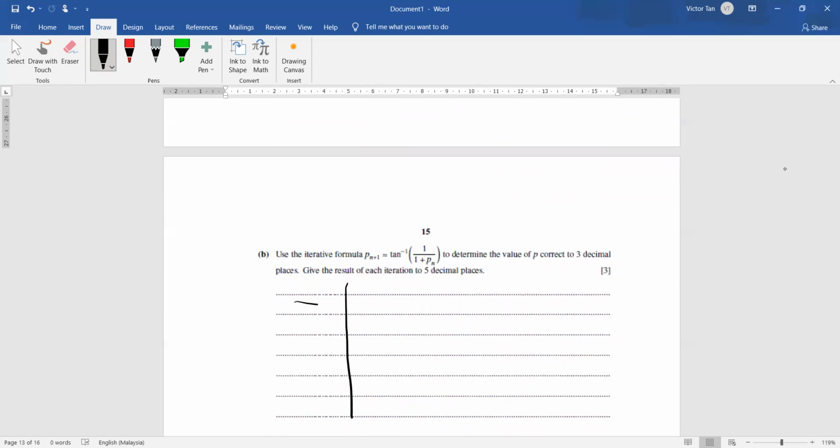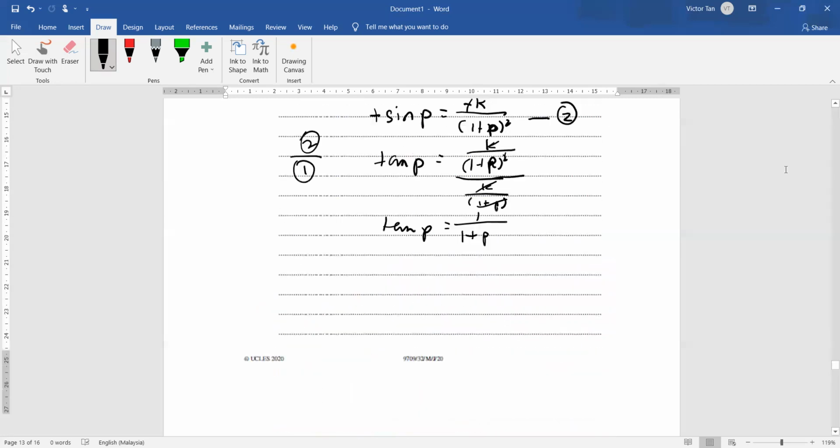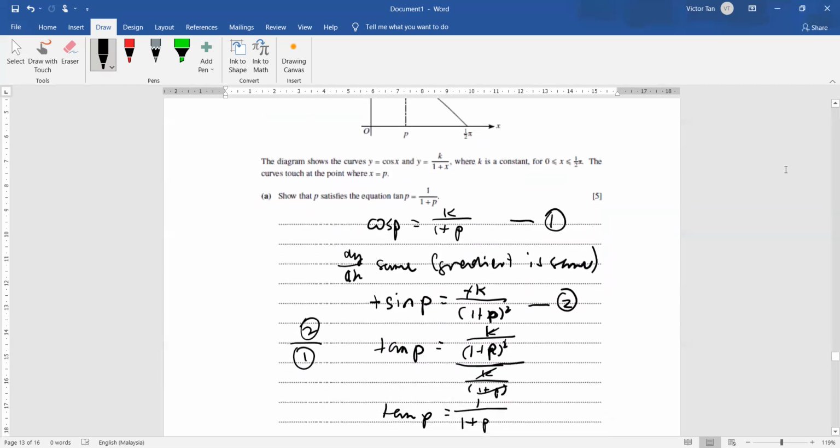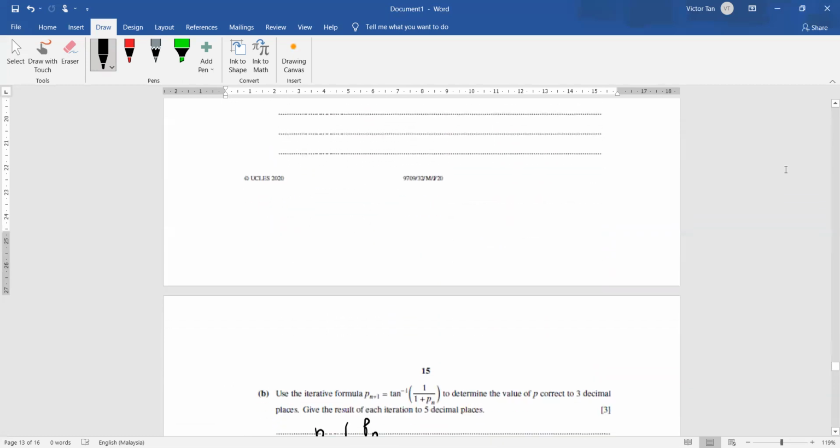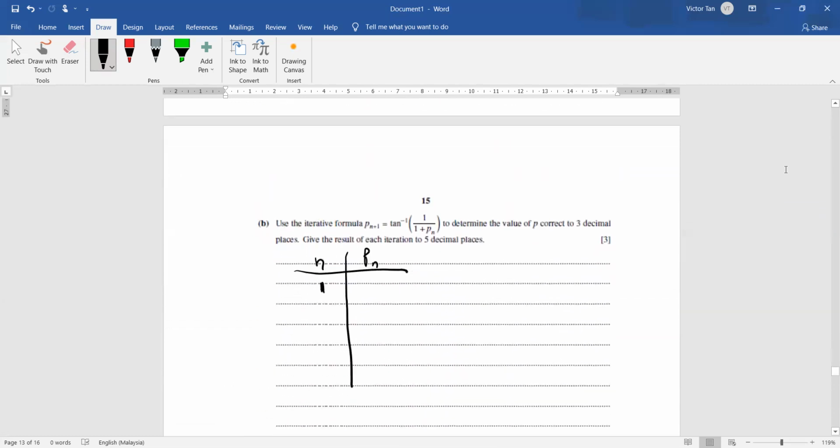So I always like to use a table. n, p(n). So when n is 1, its answer is between 0 and half pi from the graph. So I'm going to use for the first iteration, p1 as 1/4 pi.